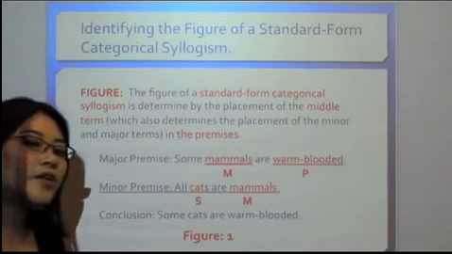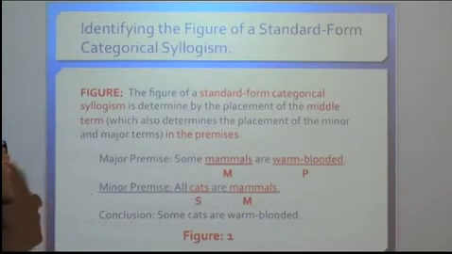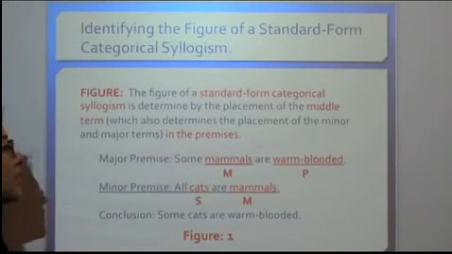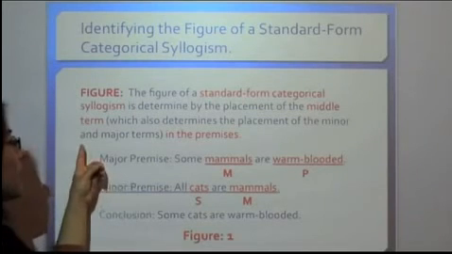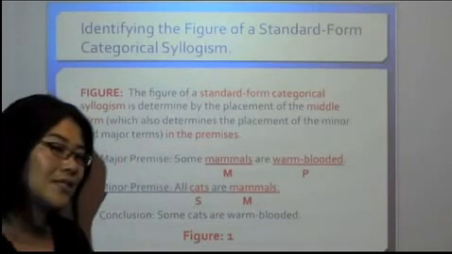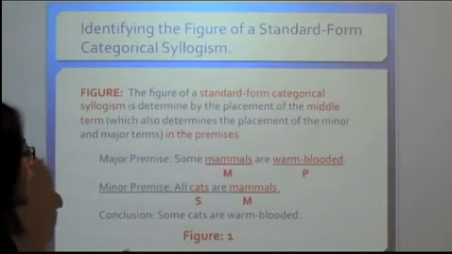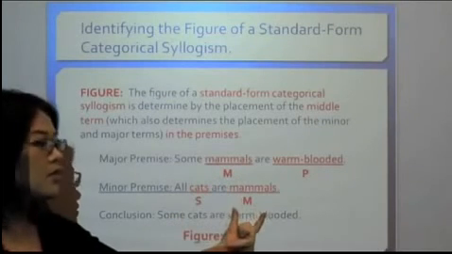Then we can identify the figure of the standard form categorical syllogism. Okay? So the figure of a standard form categorical syllogism is determined by the placement of the middle term, which also determines the placement of the minor and major terms in the premises. Okay? So here we have the argument again, and notice how we have the middle term occurring here as well as here.